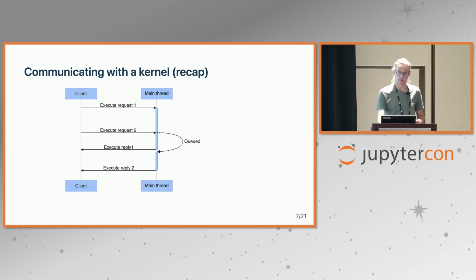If you want to run some code, we send the execute request, number 1, to the main thread, and the blue bar here represents the execution of that code. When it's finished, it sends back an execute reply saying, I have finished, basically. If we submit another execute request while the first one is running, it's not run straight away. Instead it's queued, and it starts to run when the first one is finished. So that's the status a month and a half ago.